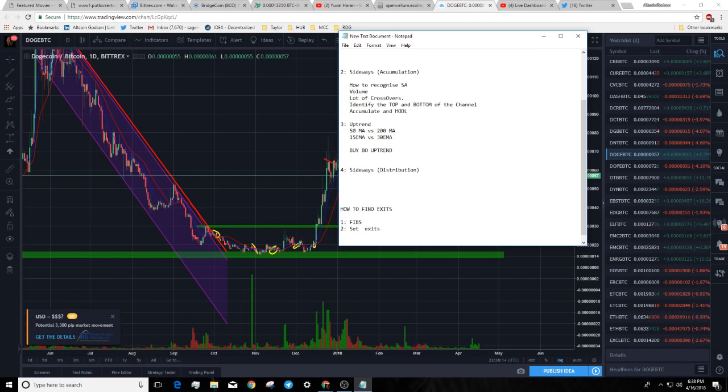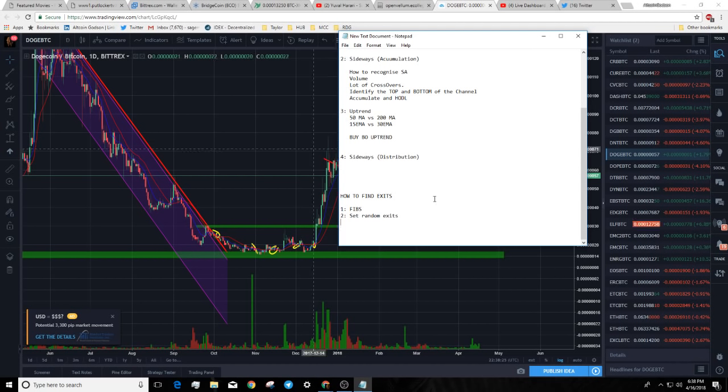You know, I'm going to exit at a 2x, and then I'm going to exit at a 10x, and I'm going to exit at a 100x. It doesn't matter what the fundamentals are. It doesn't matter what's going on in crypto. Whatever, you don't care. And the final one is basically the same thing as setting random exits, so we'll just use that.